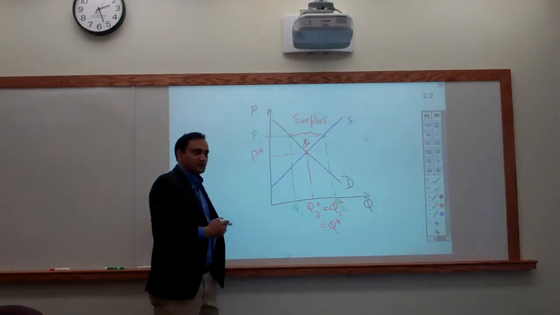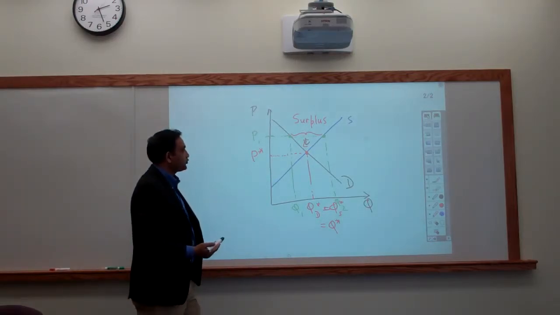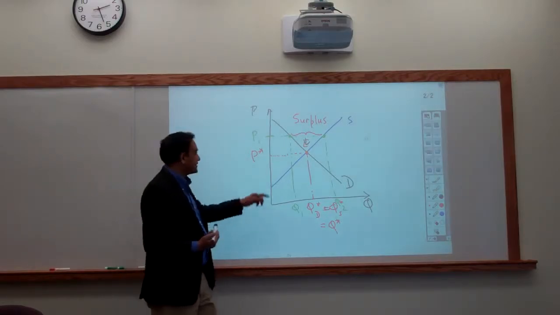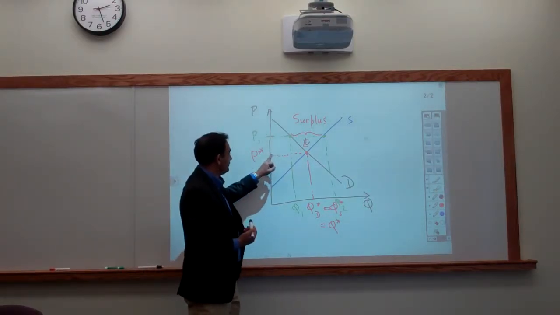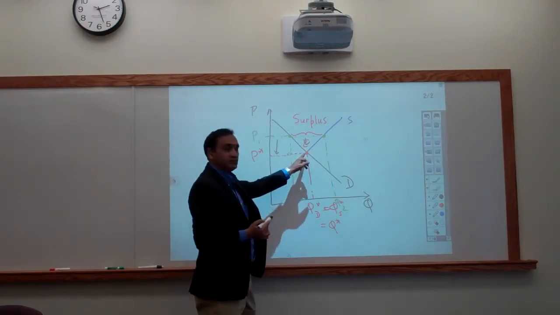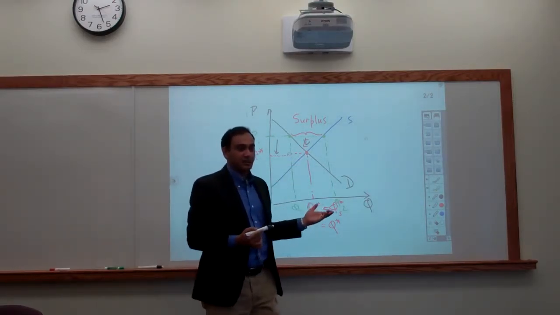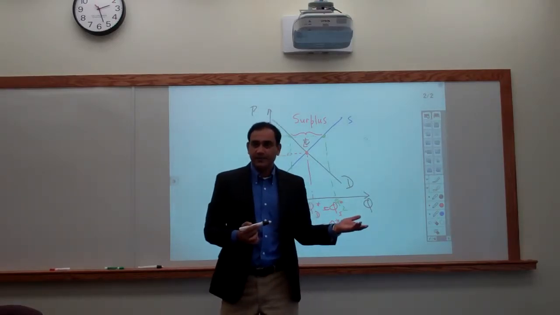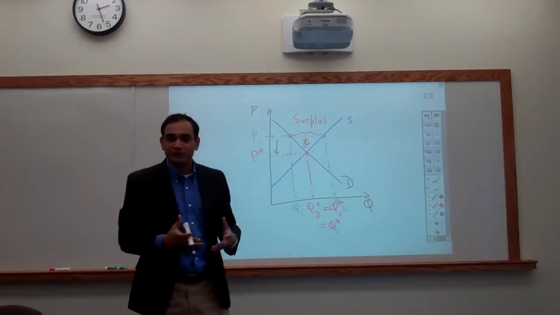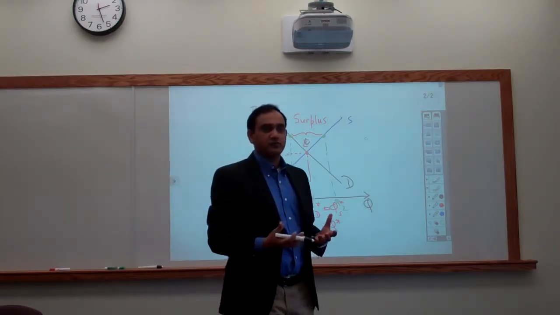And eventually, the surplus would be cleared when price falls all the way to P star. Can you see that? When price falls from P1 to P star, from here to here, you don't have a surplus because demand is exactly the same as the supply. So it happens automatically. Nobody is doing anything. Government is not trying to change the price. It's the market forces of supply and demand.